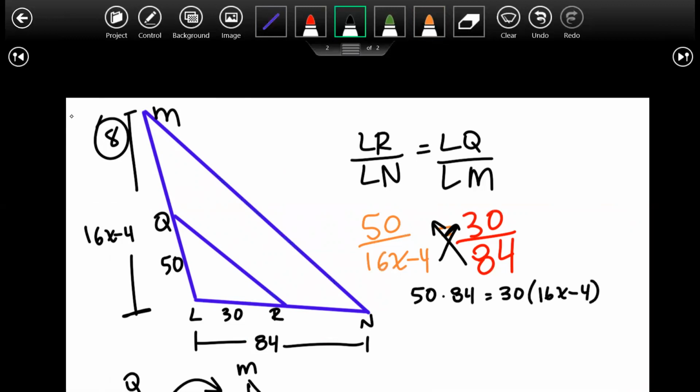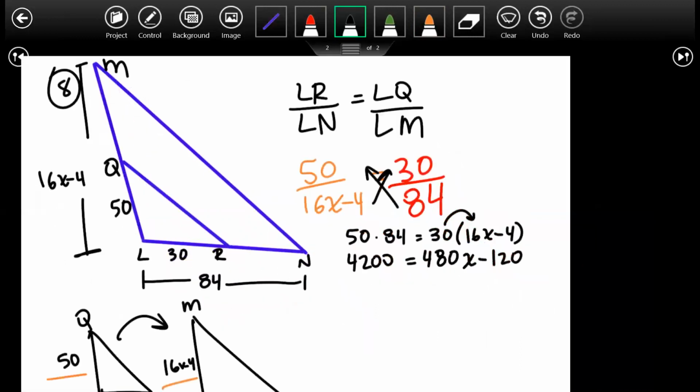So 50 times 84 is 4,200. Got to distribute 30 times 16. It's going to be 480. 4 times 30 is 120.